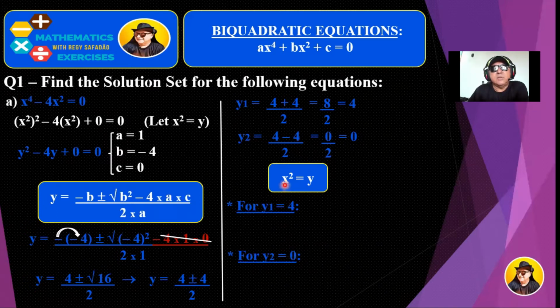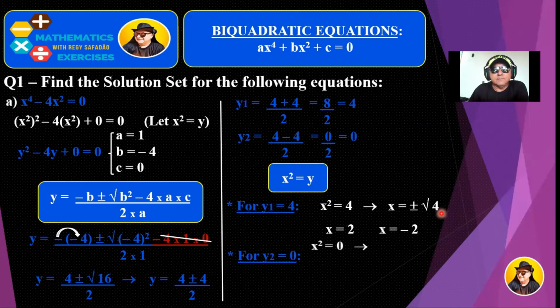So, since x squared is the same as y, let's replace the values. So x squared is 4, then x is plus or minus root of 4. And what are the roots of 4? Yeah, positive 2 and negative 2, okay? So these are the answers. x is 2 and x is minus 2.